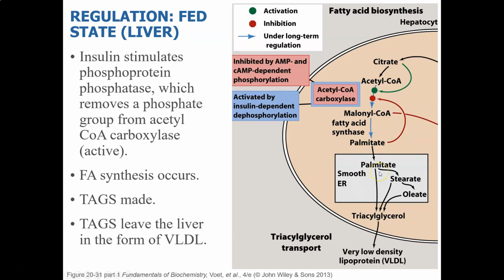And if you need fatty acids that are either longer or have double bonds, there are enzymes in the endoplasmic reticulum that are able to synthesize those. The fatty acids are then esterified to glycerol to form triacylglycerol, and then they are packaged up into the very low density lipoproteins that leave the liver and can circulate to other body tissues.